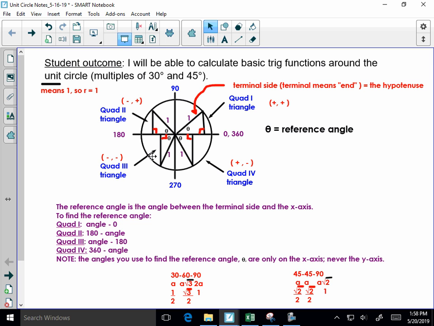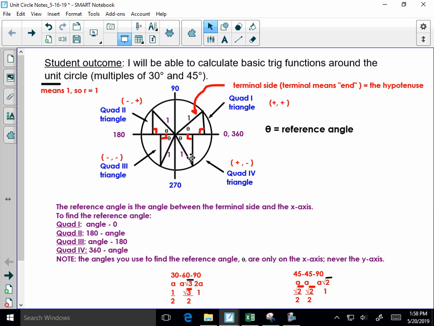If we're in quadrant 3, say we take the angle 240, which obviously is between 180 and 270. To find this reference angle, we do the angle measure itself, 240 minus the 180. And so 240 minus 180 is 60 degrees. That puts the other angle over here at 30 degrees. So we have a 30, 60, 90 in this case.